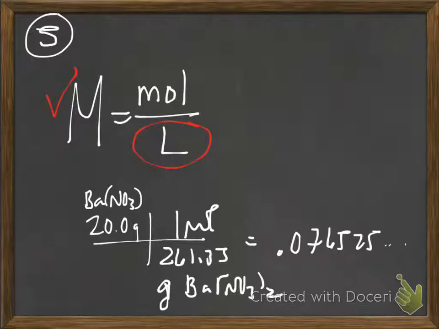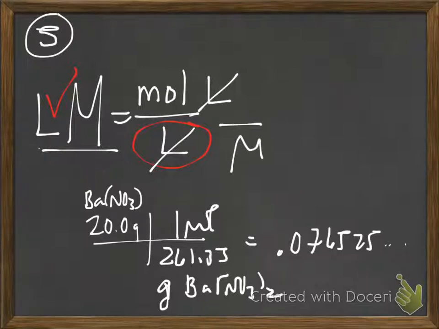If we go up and we solve for L, multiply both sides by L, cancel those out, then divide both sides by M, we get the number of liters, the volume is equal to moles divided by molarity.